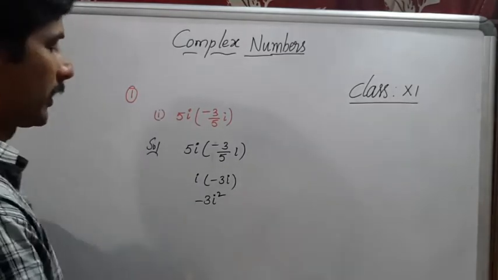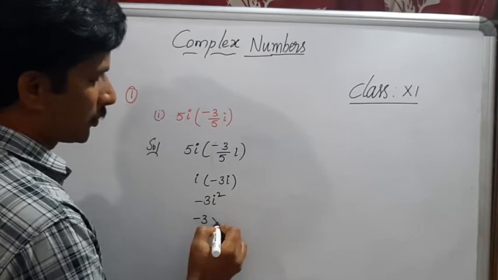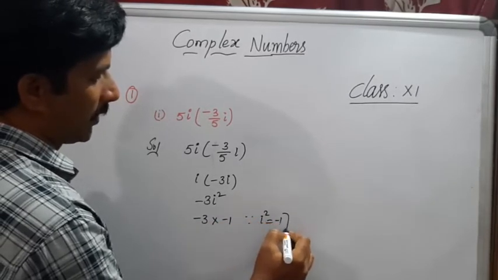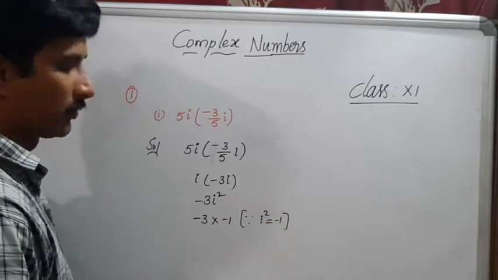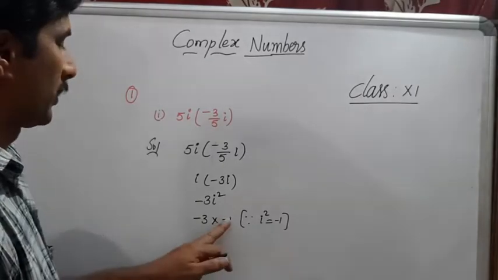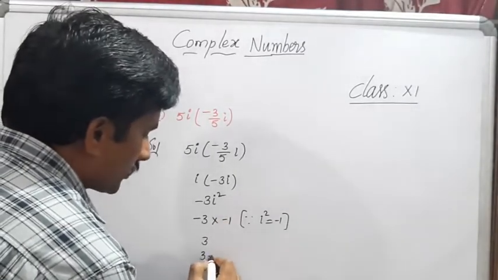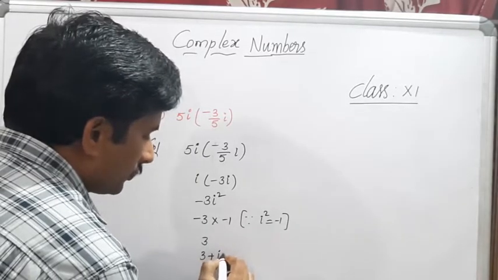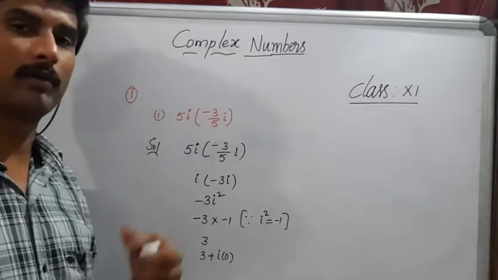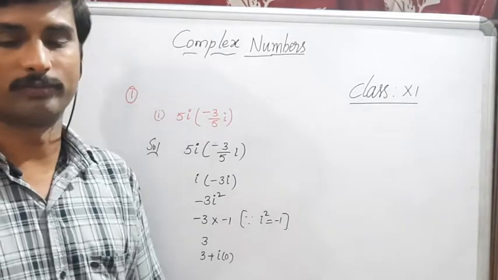But as we know that i square value is minus 1, so minus 3 into minus 1, since i square equals minus 1. So minus of minus is plus, so it is plus 3. This 3 can be written as 3 plus i into 0, which is in the form a plus ib, where the real part is 3 and the imaginary part is 0.